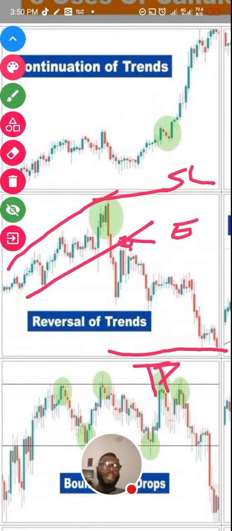Those are factors you want to look at, then determine whether you're taking this trade or waiting. Mind you, there are three things before we look at a trade. One is to know. Two is to wait, and that waiting is for confirmation. Three is to execute, which is to take the trade.